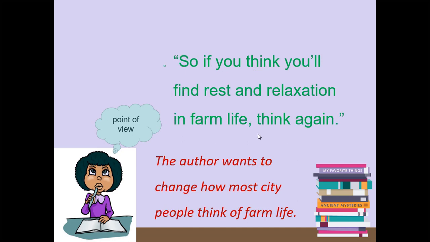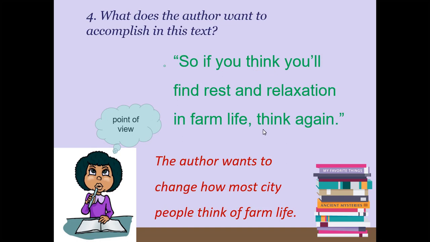And we can see the answer to the fourth question, and it is logically connected with the third one. The fourth question is, what does the author want to accomplish in this text? In the last sentence, the author tells city people, "So if you think you will find rest and relaxation in farm life, think again." This passage shows how incorrect most city people's view of farm life is.